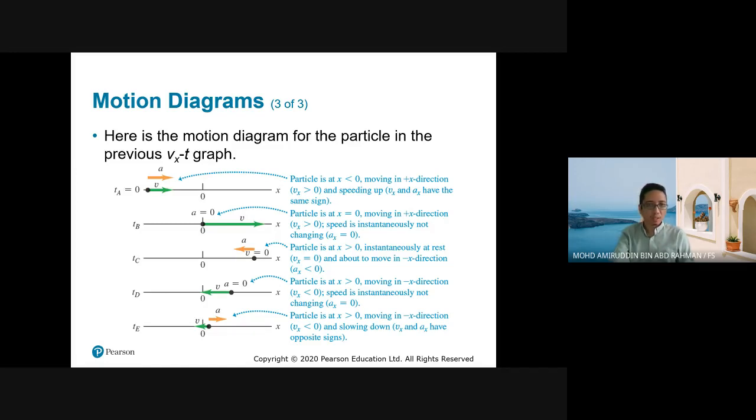The particle is now trying to move in the minus x direction, going towards there and then moving back. So the acceleration now will be negative, moving in the minus x direction.